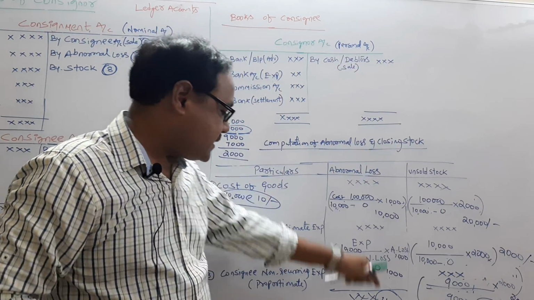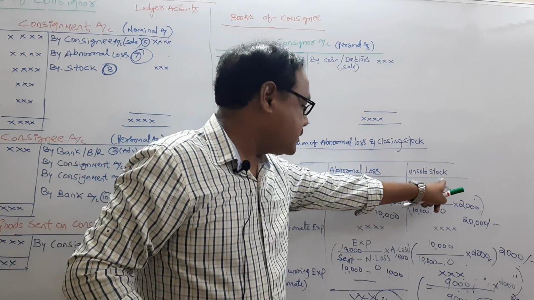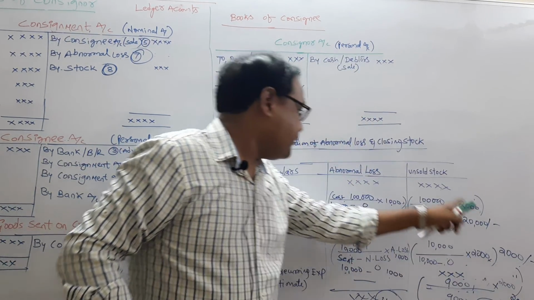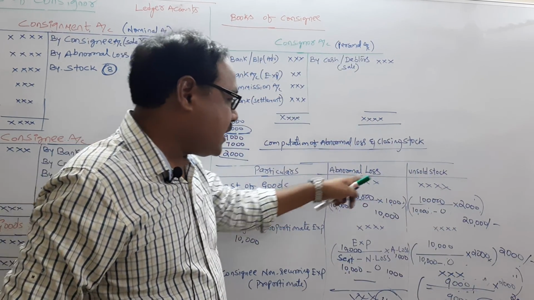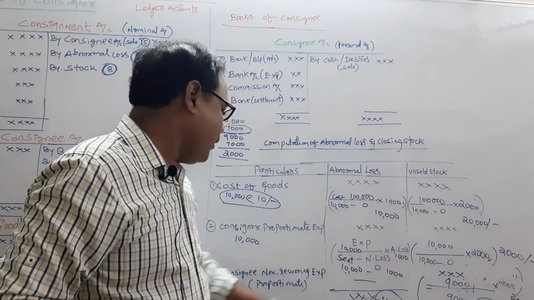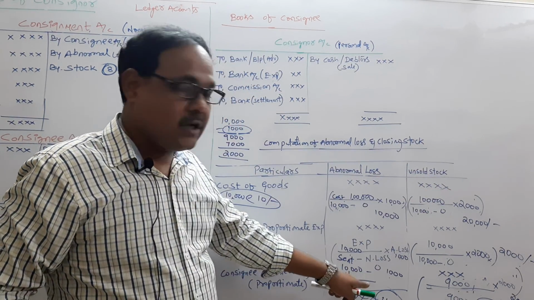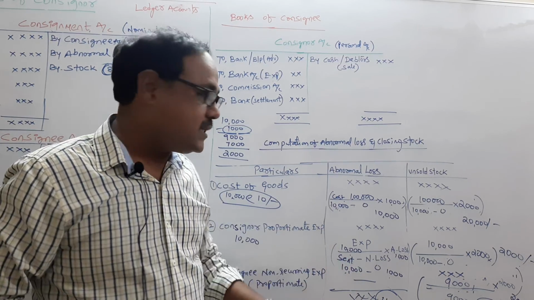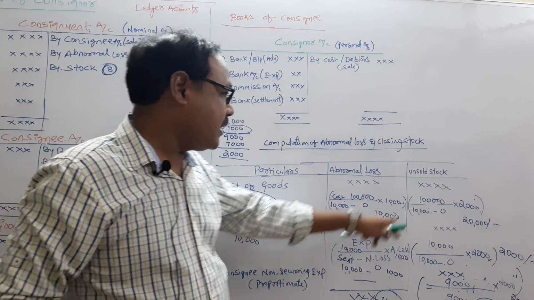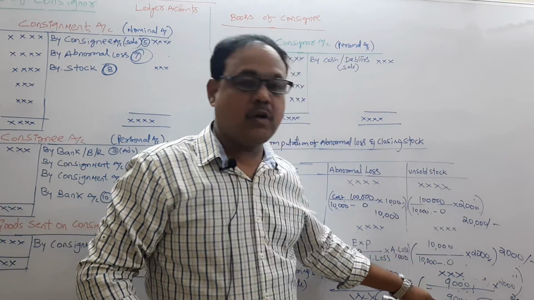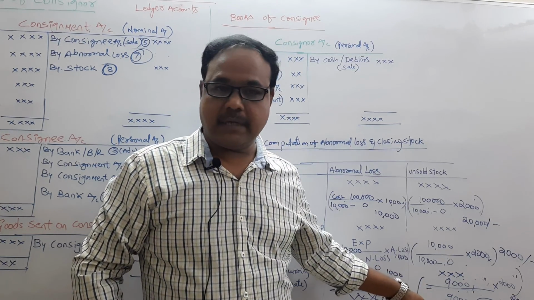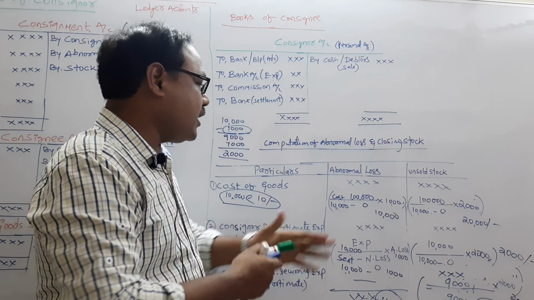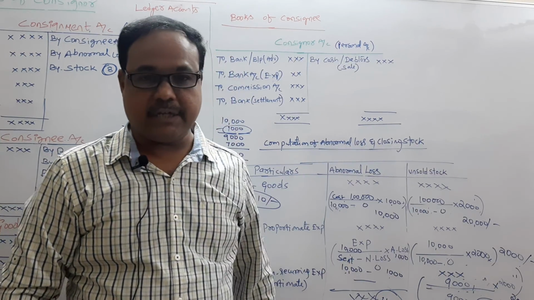Your abnormal loss is 11,000, your unsold stock is 24,000. What is the difference between abnormal loss calculation and unsold stock calculation? Only the consignee's non-recurring expenses are not considered in the abnormal loss calculation but are considered in the closing stock calculation. So this is abnormal loss and closing stock calculation.